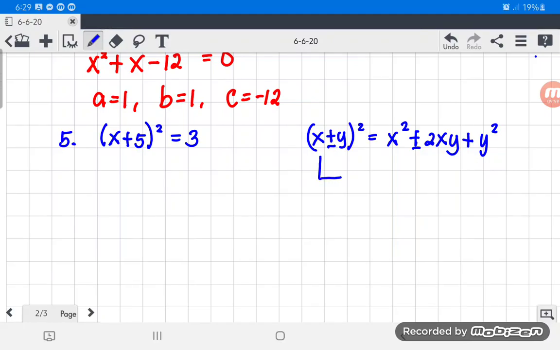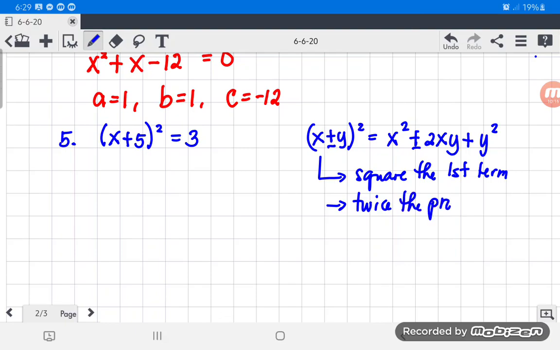So again, first step, we have to square the first term. Next, we have to get twice the product of the first and the last term.